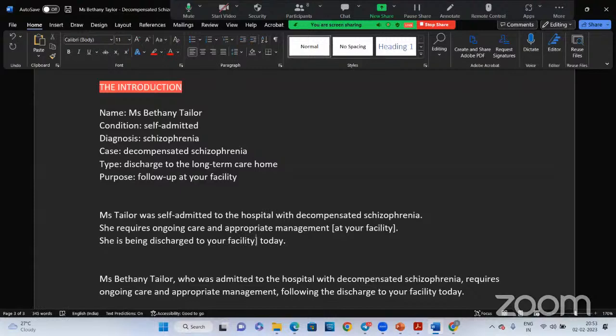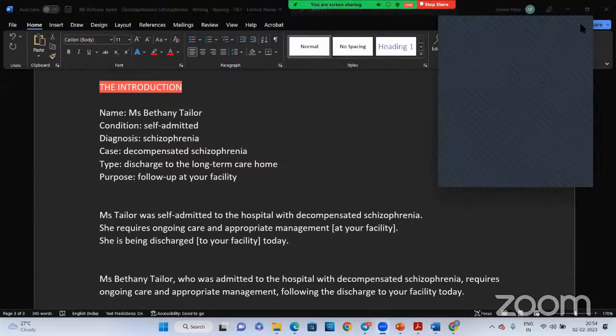Any one place you write, don't write in two places. If it is here, it is at your facility. She requires at your facility. And this is she is being discharged to your place. Any one place you write. At your facility you write along with the purpose, or to your facility along with the discharge. Like that you write. So this is the way how you can write.